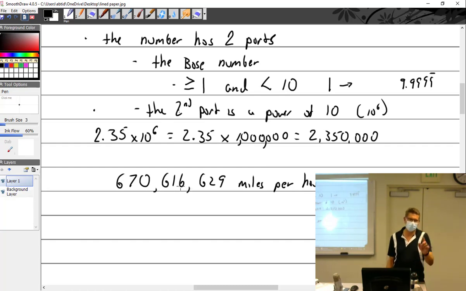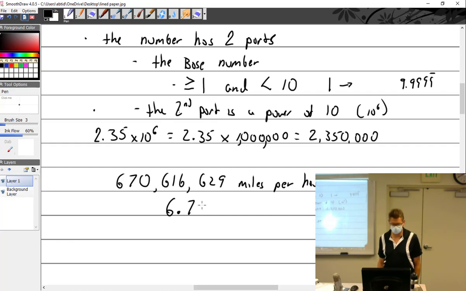I had somebody stand down there with a flashlight, and I said, go, and they hit the button, and I timed how long it took for me to see the light. I divided it by the length of the hallway, and I came up with this number. What is this in scientific notation? Whatever you say, you should be 6.7.